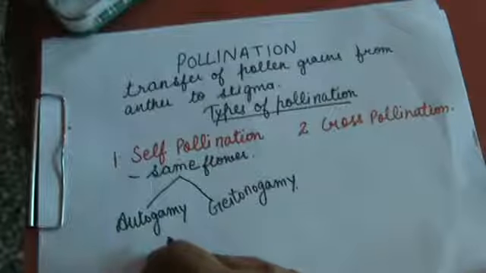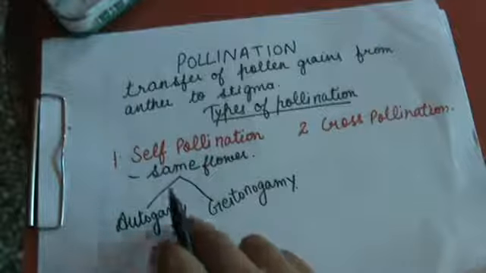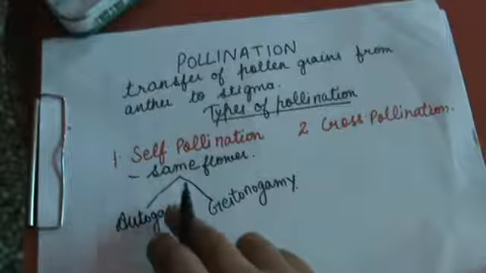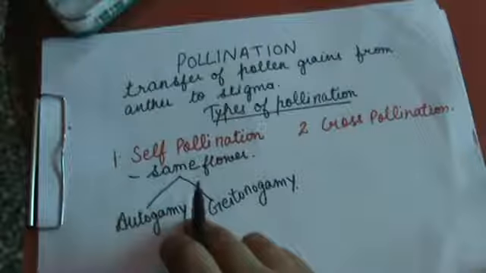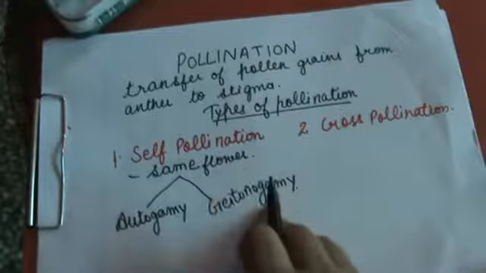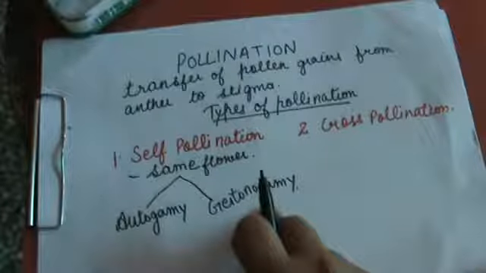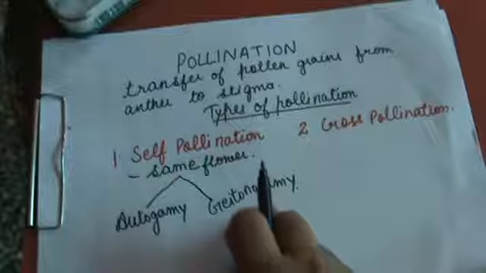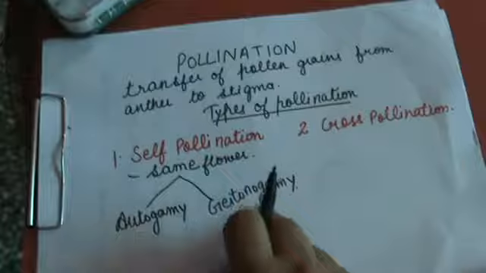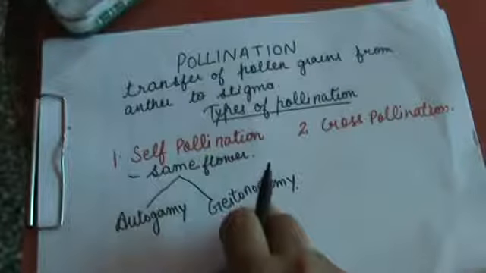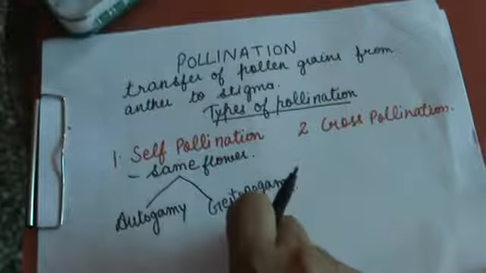Students, what do you mean by autogamy? Autogamy is a kind of pollination in which the pollen from the anther of a flower is transferred to the stigma of the same flower. And geitonogamy is a kind of pollination in which the pollen from the anther of one flower is transferred to the stigma of another flower borne on the same plant.